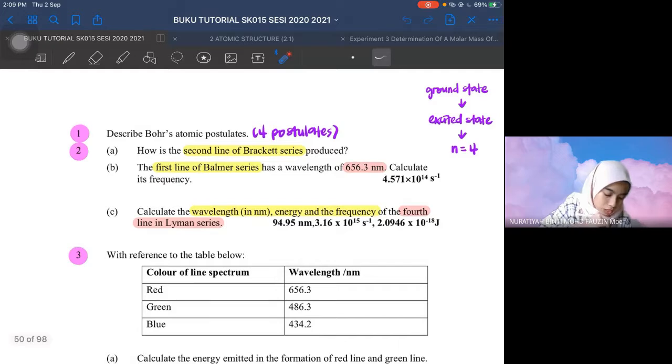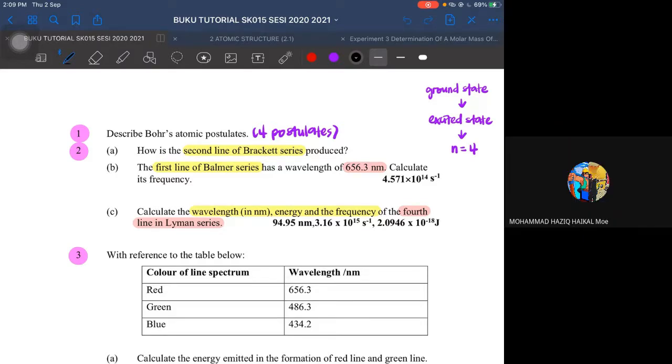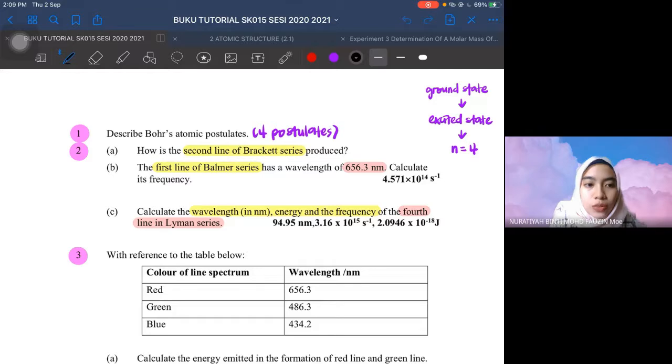So first, what do you need to do? How do we know the second line of Brackett series is produced by what? Movement of what? Transition of electron. Yes, true. So transition of electron from lower level to higher level or higher level to lower level?